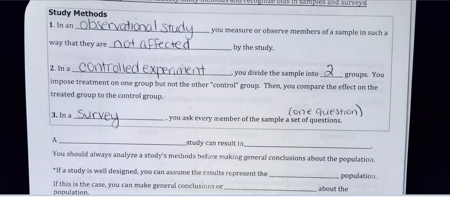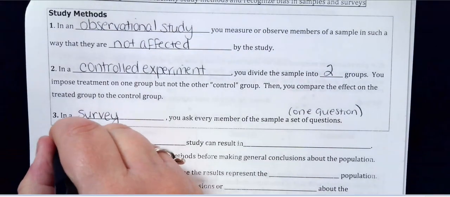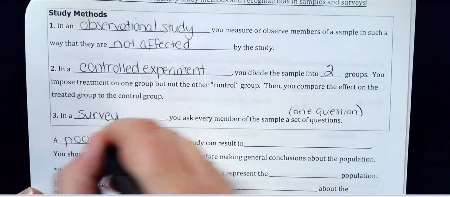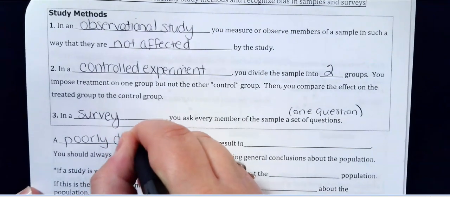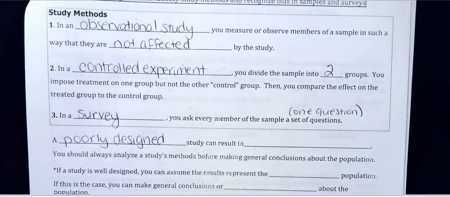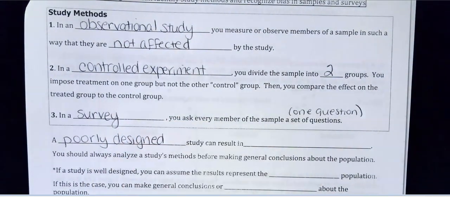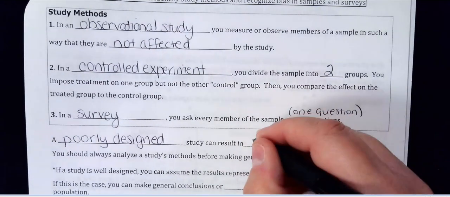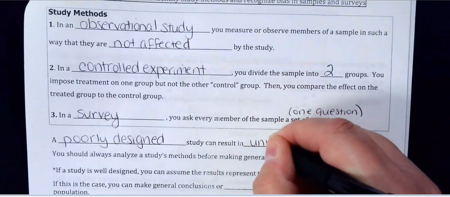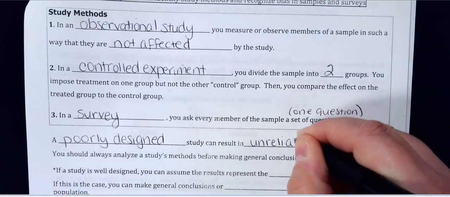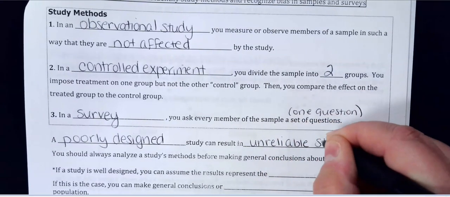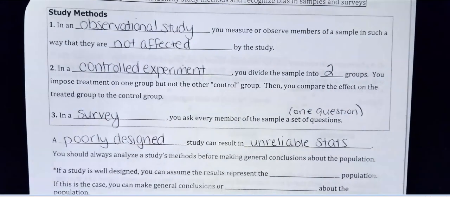Okay, now in this one, this is going to say a poorly designed study. So if we don't do a good job setting this up, these are all methods we can use, but if we don't think them through and set them up well, if we have a poorly designed study, that can result in unreliable statistics.